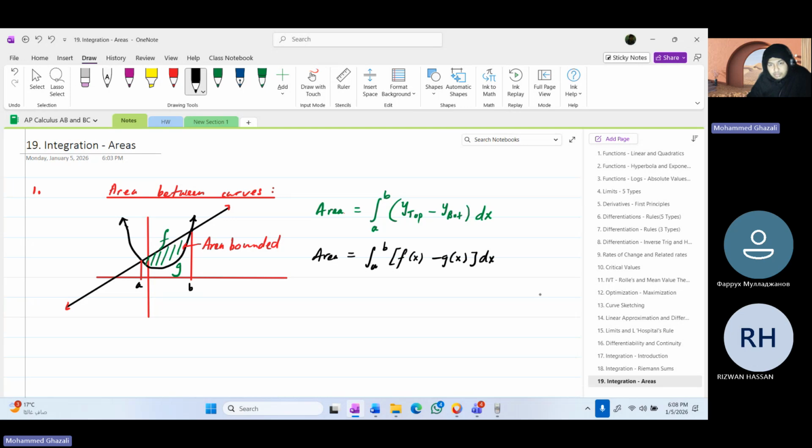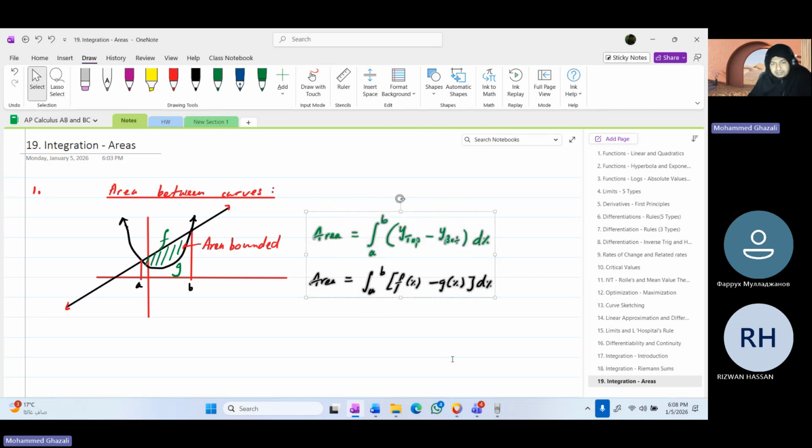Now that's how you find the area. So number one, we need points of intersection. I would rather just remember the formula y top minus y bottom. So this is type 1. Remember first to get the points of intersection. How do you get the points of intersection?